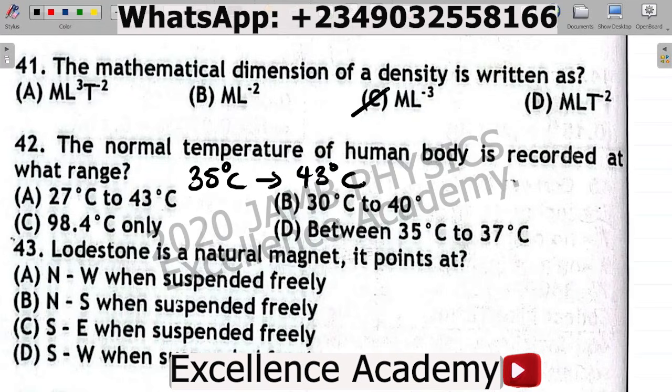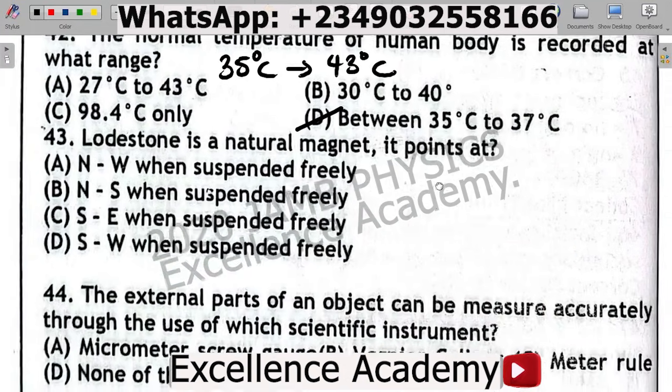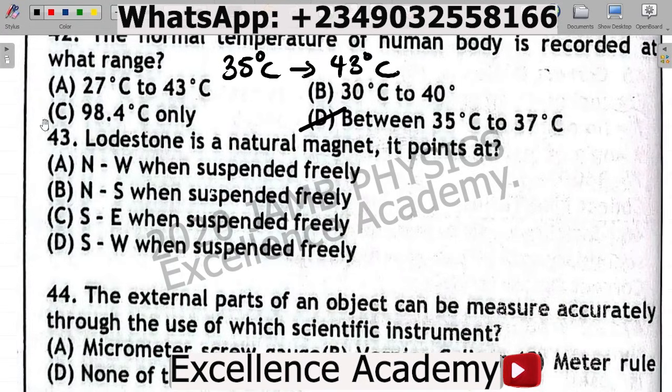But for a normal human temperature, it lies between 35 degrees and 37 degrees Celsius. So the correct option there is D, between 35 degrees Celsius and 37 degrees Celsius. That's a correct answer.